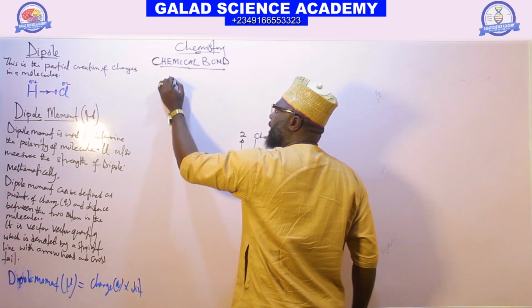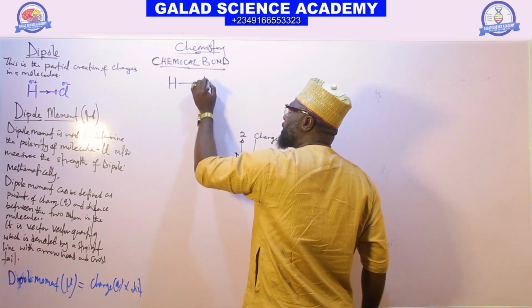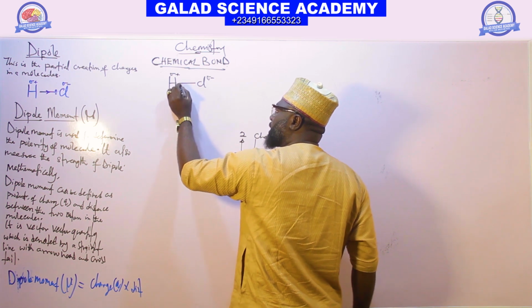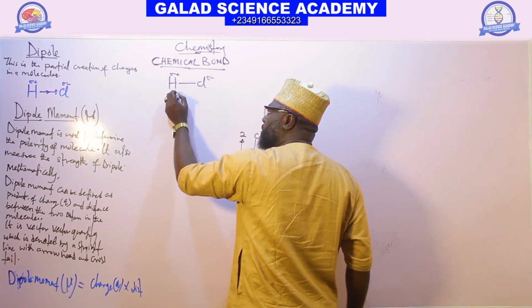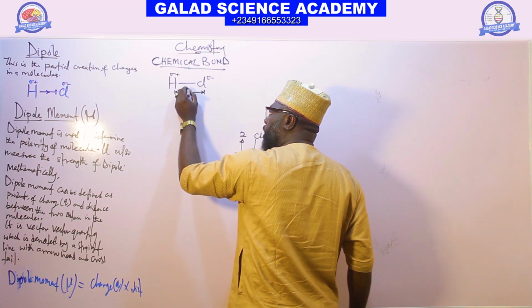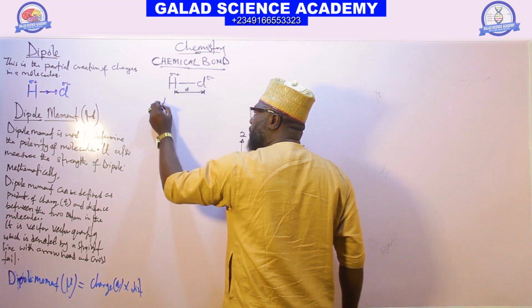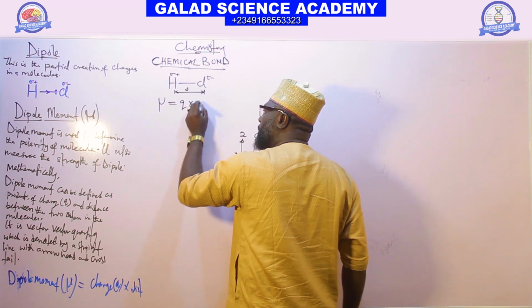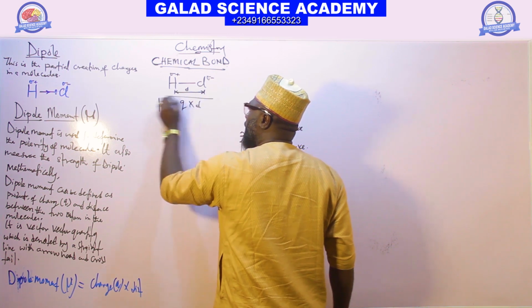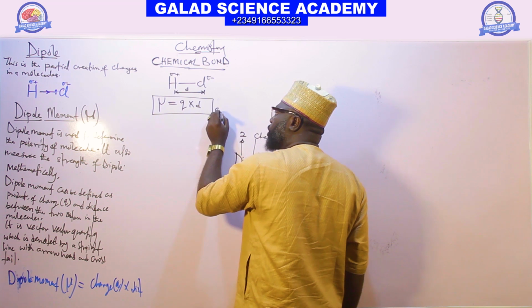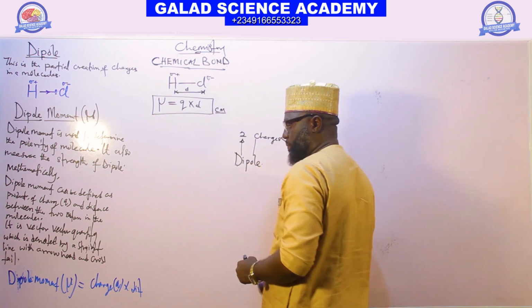If you have hydrogen chloride, with a negative charge on Cl and a positive charge on H, the distance between them is called d. So the dipole moment will be the charge Q multiplied by distance. That is the formula for dipole moment, and it is measured in coulomb meter.